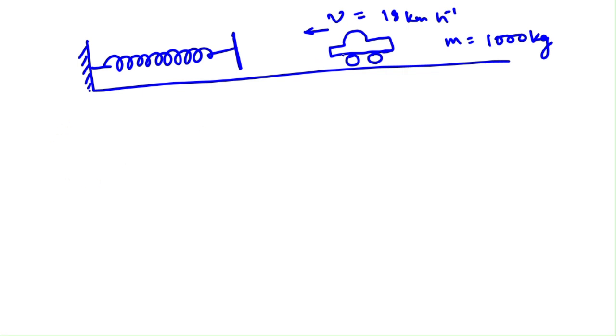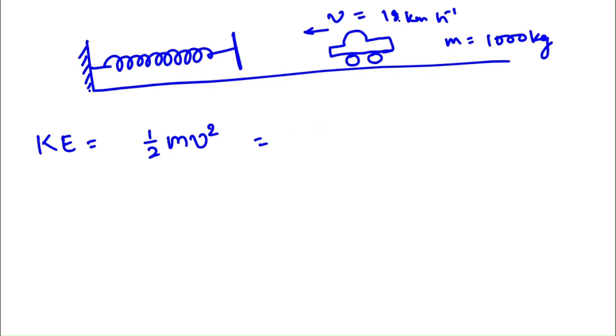So what will be the kinetic energy possessed by this car? The kinetic energy will be 1/2 times mass times the square of velocity. And it will be easier if we keep everything in the SI system.